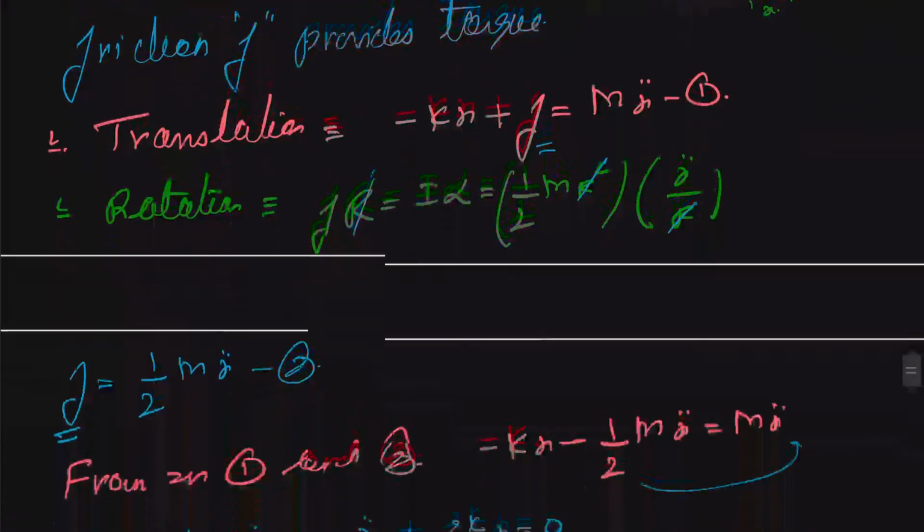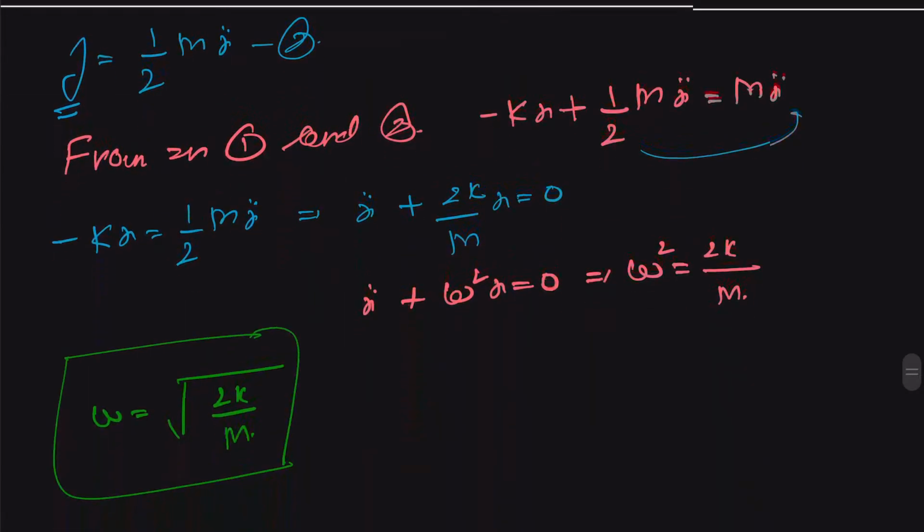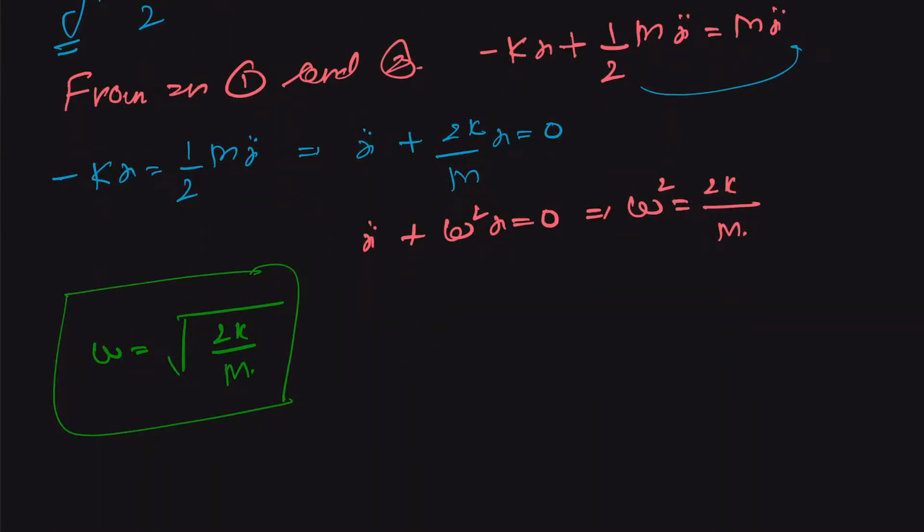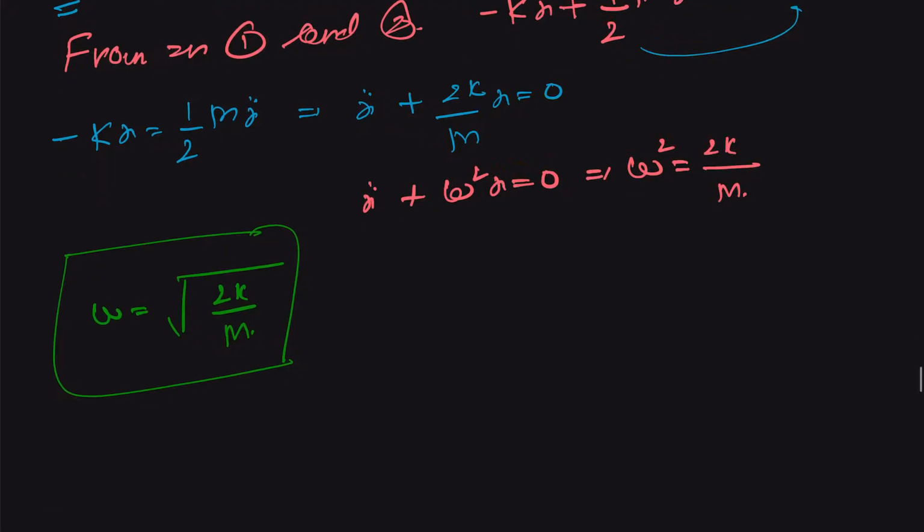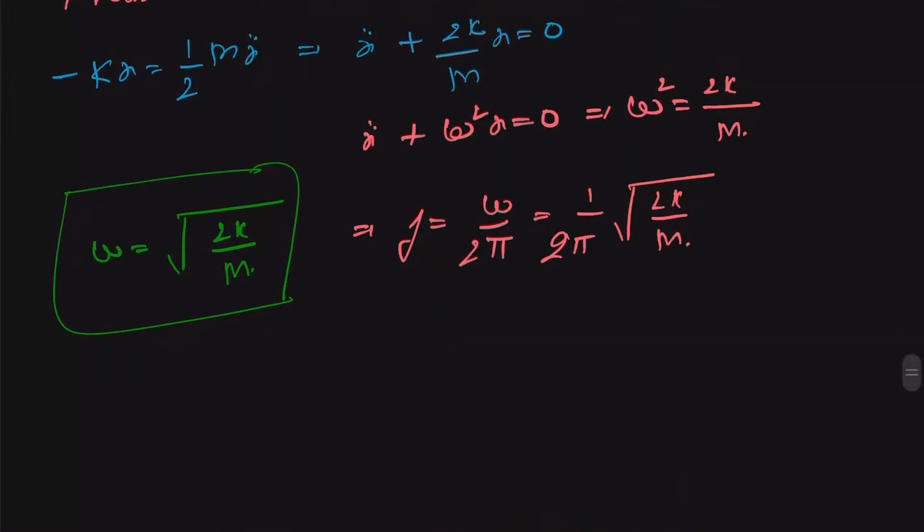So we get that our angular velocity, and from here we can say that our frequency will be equal to omega upon 2 pi, and we can write this as 1 upon 2 pi times the square root of 2k upon m. So in both cases we are going to get the value of 2k upon m.